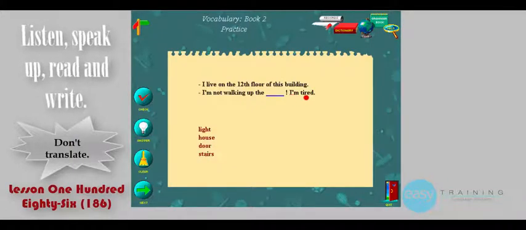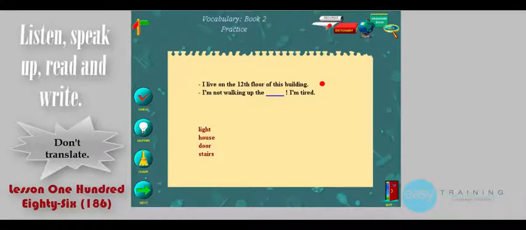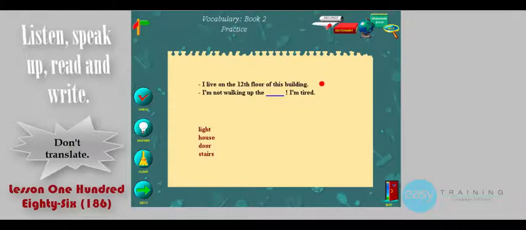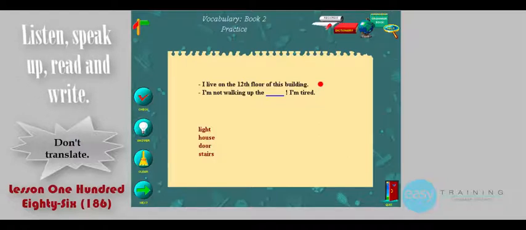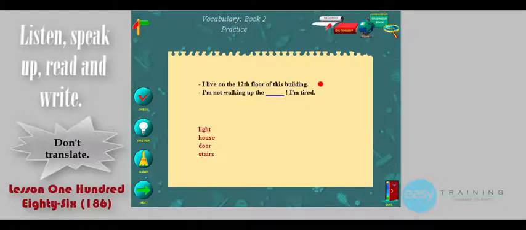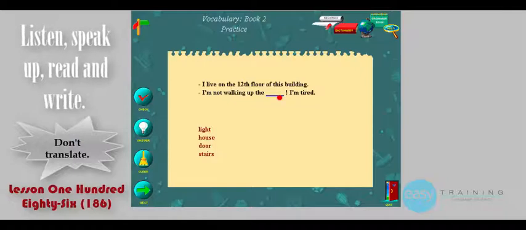Here is a conversation between two people. One person says, I live on the 12th floor of this building. And the other person answers, I am not walking up the blank. I'm tired.